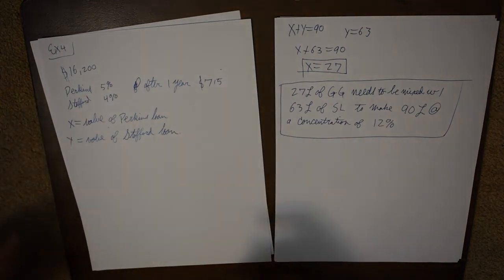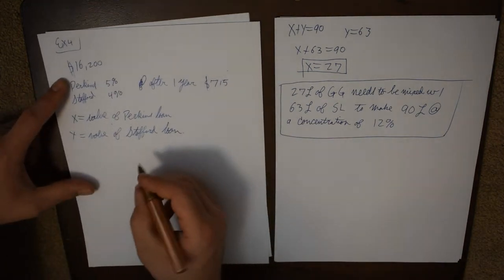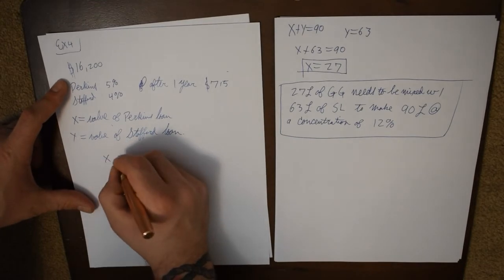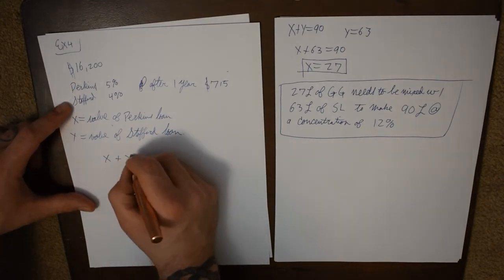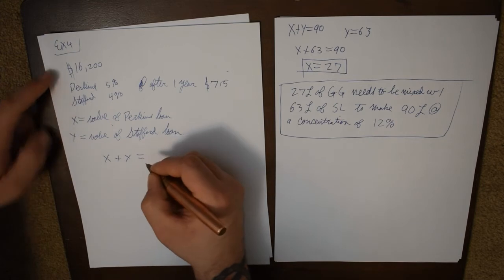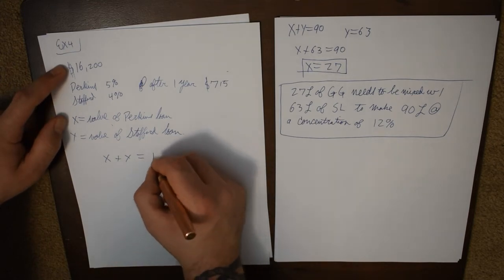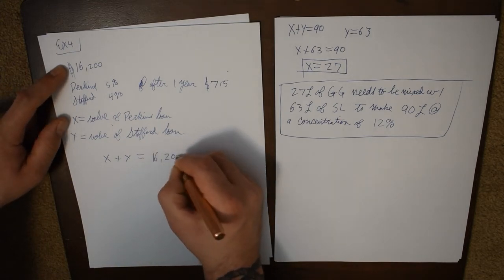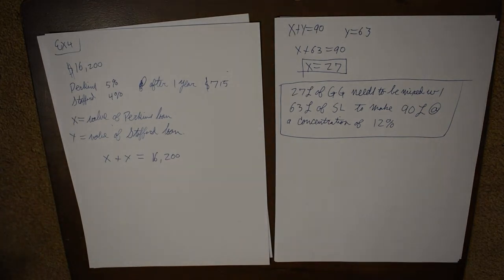So what do we know? We know that the value of the Perkins loan plus the value of the Stafford loan is going to be equal to the value of the loan in total, $16,200.